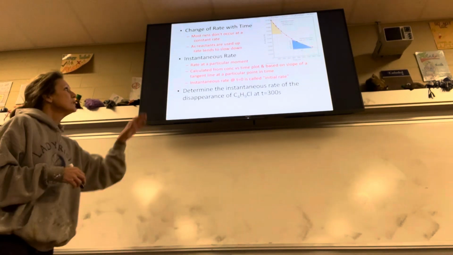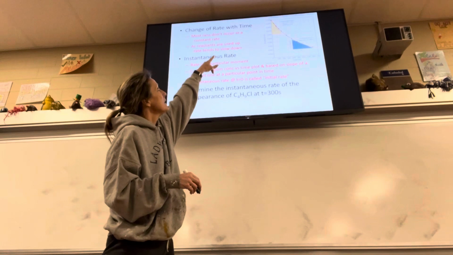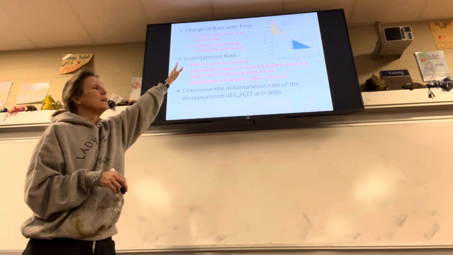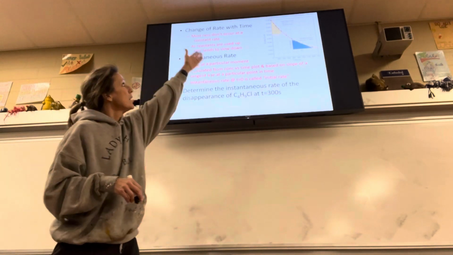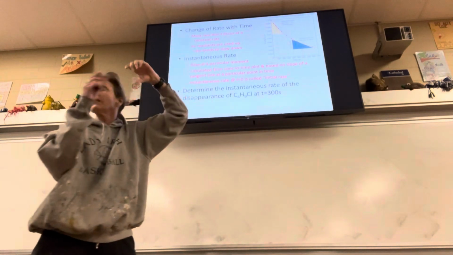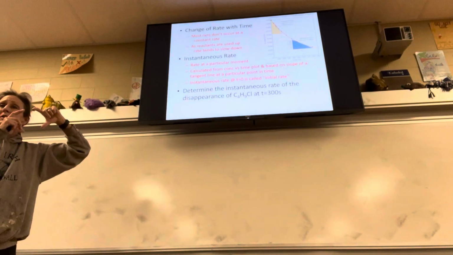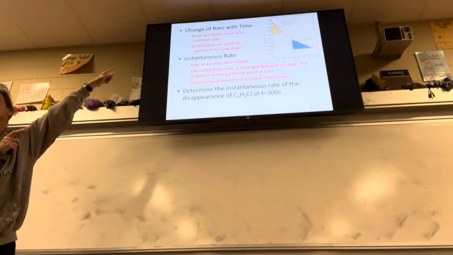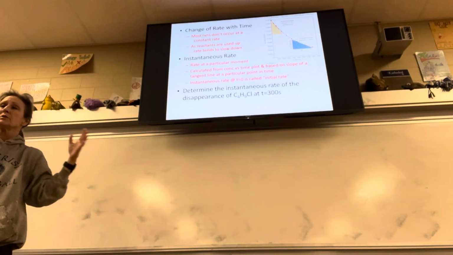Now, if we're doing an instantaneous rate at time 0, like up in the very top corner at time 0, that's called the initial rate of the reaction. And again, we can draw a tangent line. That's what the little yellow triangles are, the triangle that the tangent line forms. So we just start at point 0 and draw it down. And you can make the tangent lines as big or as small as you want.